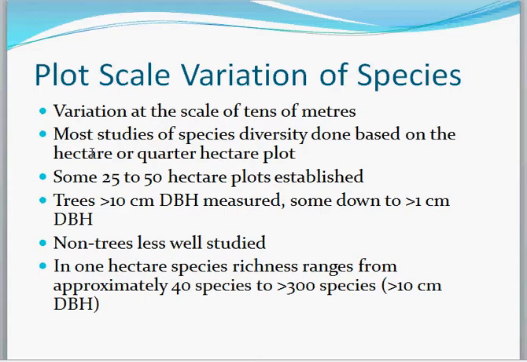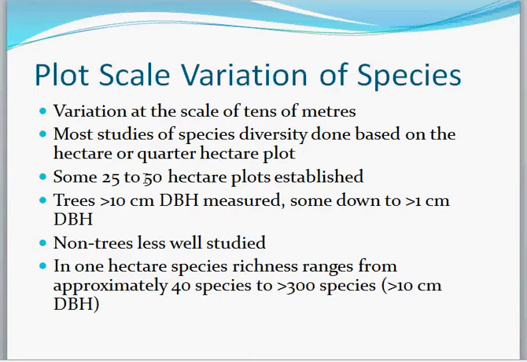So 1 hectare plots, it was quickly realized, were simply not big enough to represent all the species which occurred in an area. The Smithsonian Institution from the United States, having enough resources and money, established a 50 hectare plot in Panama, which the US government controlled at the time.